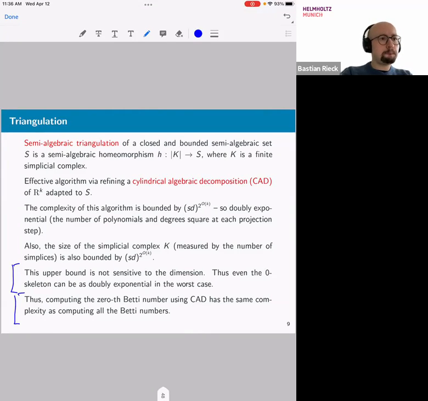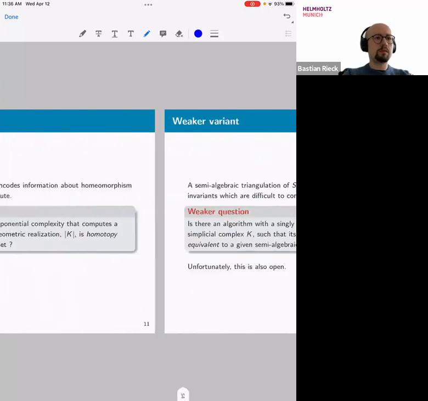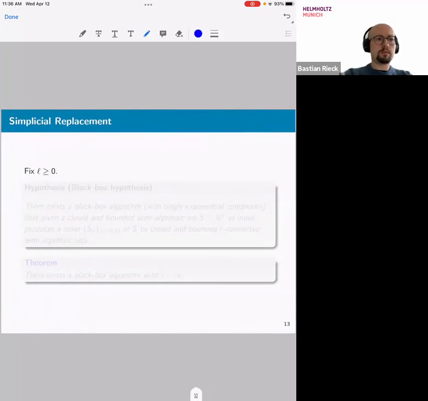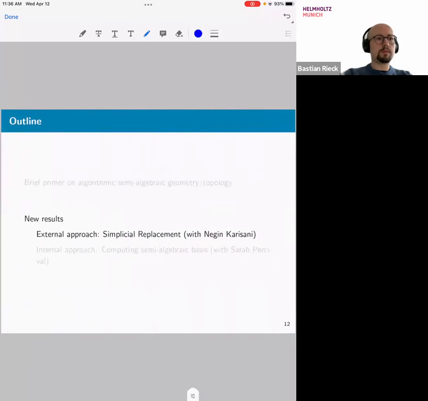So even if you are interested in the zero-dimensional homology, the triangulation will produce a complex whose one-skeleton is already doubly exponential in size. What I'm asking here is whether you can produce a complex which will not be the one-skeleton of a triangulation, but which would be one-equivalent to the given semi-algebraic set. This is what I mean by an internal approach.